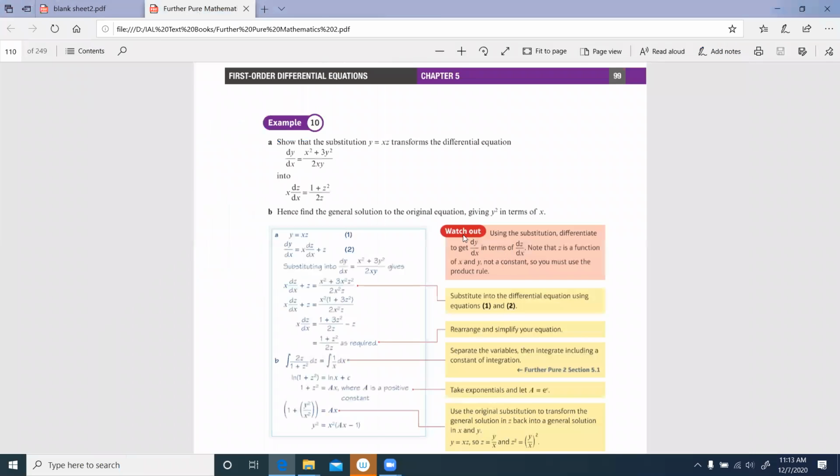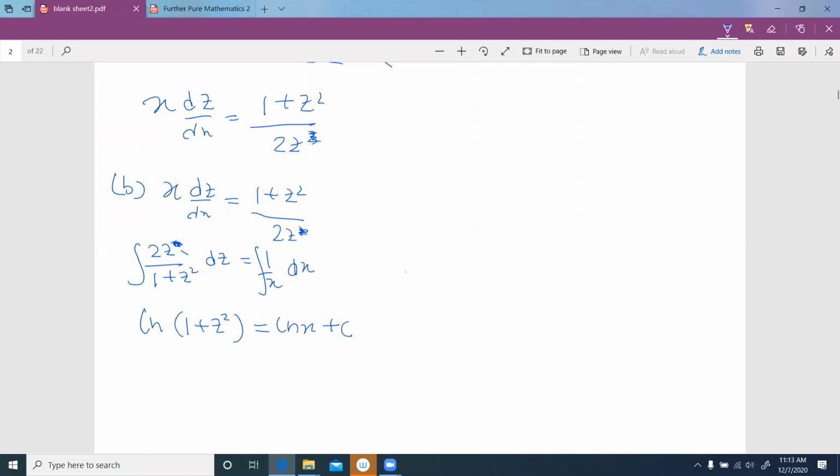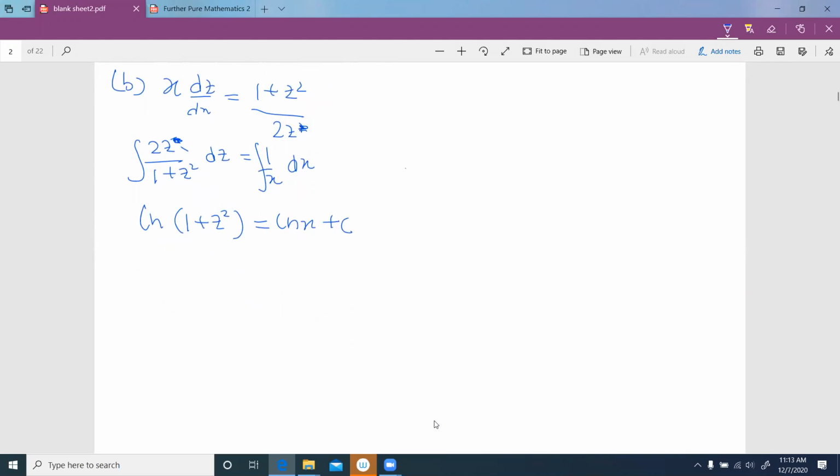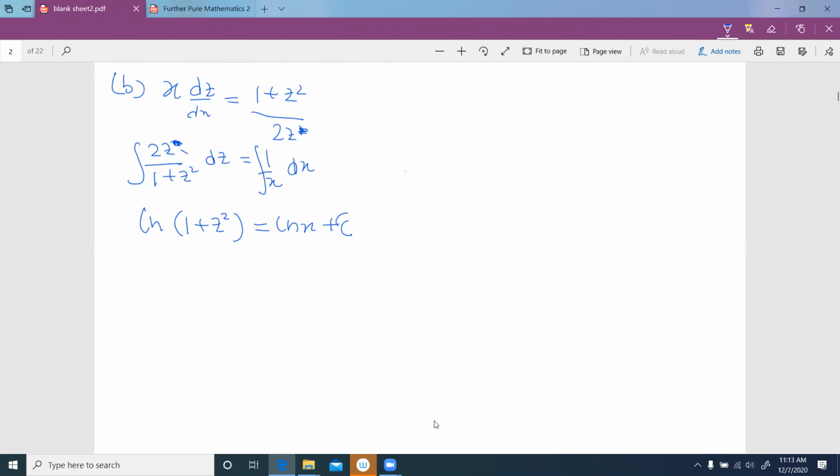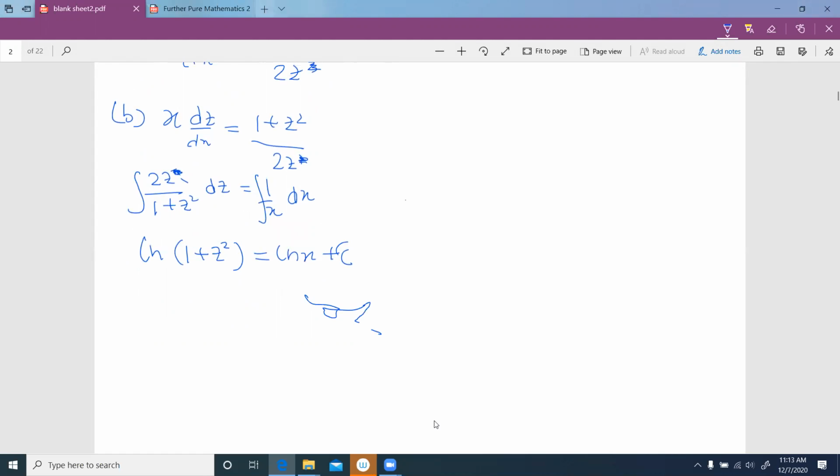Okay. Then we need the answer in terms of x and y, not in z and that stuff. So to simplify, instead of writing c, I'll write it differently. You can see all other integration terms are in ln.